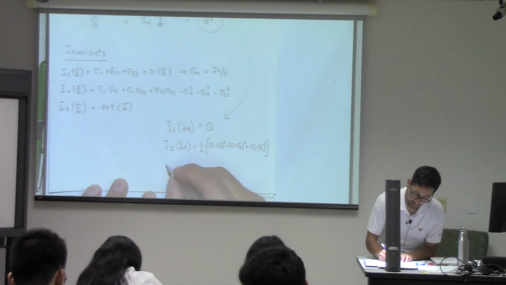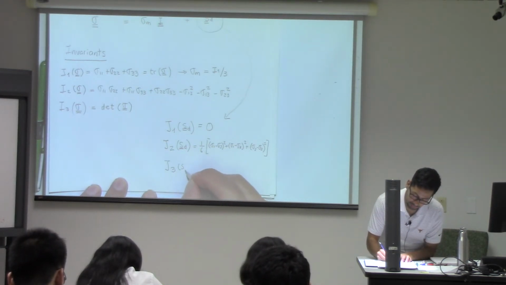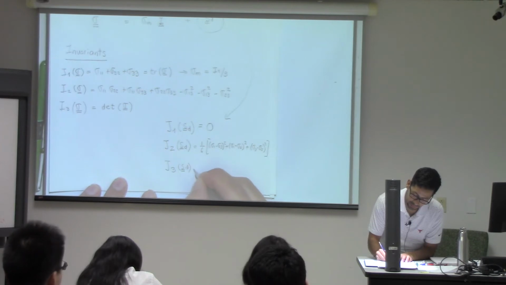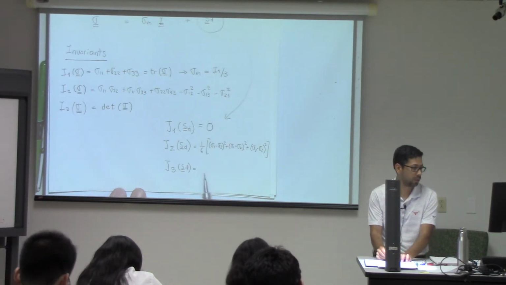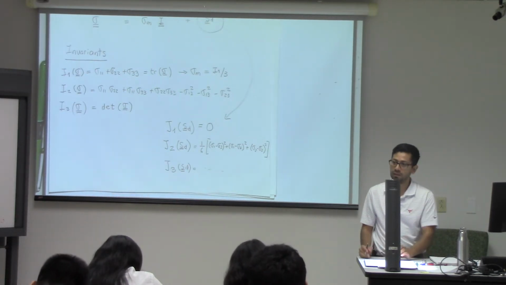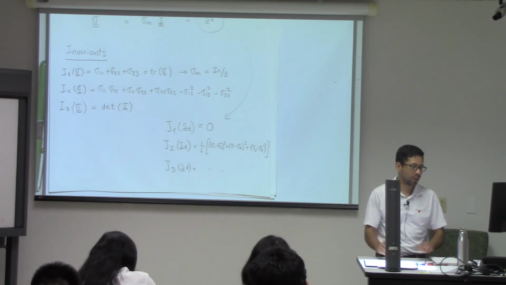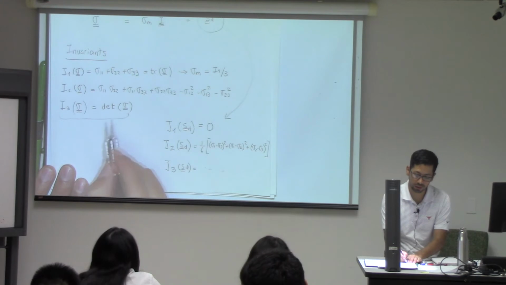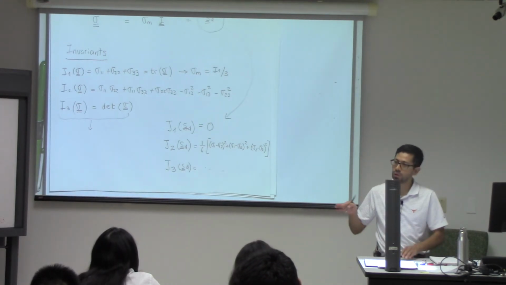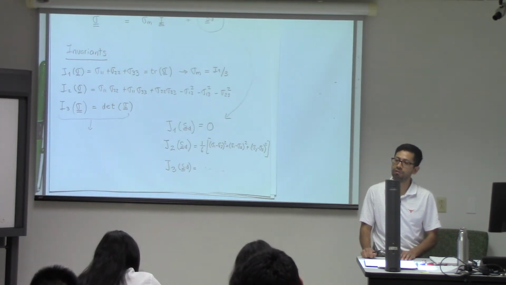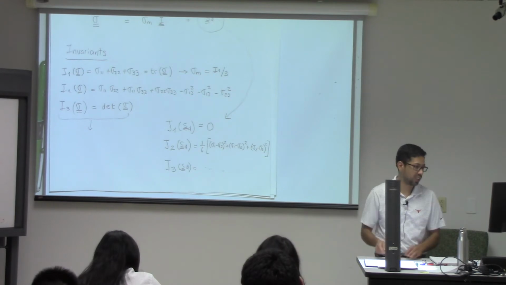And J3, we don't really care about that one, okay? That doesn't serve almost any purpose. It's the determinant of SD. Well, actually, sometimes this one is useful. It goes into some equations that tell you about the failure of rocks. But J3, not that much.